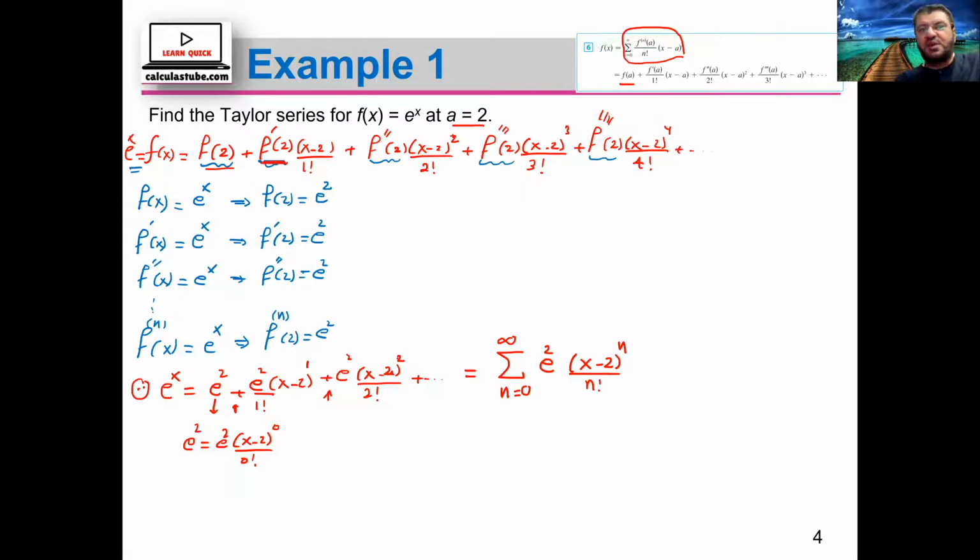So this is 1 and this is 1, so this can be written as that. If I put 0, I will get e squared, which is the first term. So this is, guys, the Taylor series presentation of e to the x at a equal to 2, which means this is the Taylor series of e to the x centered at x equal to 2.